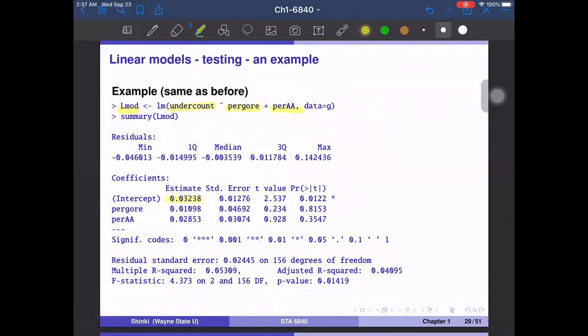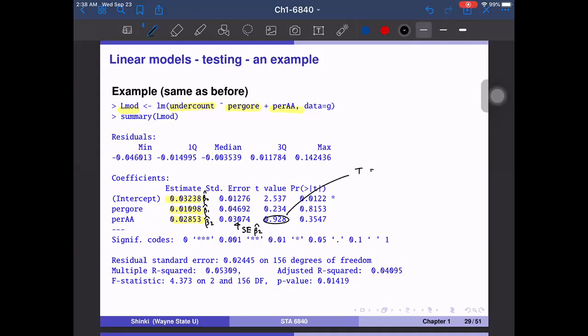Then we have estimates here: these are beta 0 hat, beta 1 hat and beta 2 hat. And this is the standard error of beta 2 hat, 0.0374. Then this t value is the t statistic.